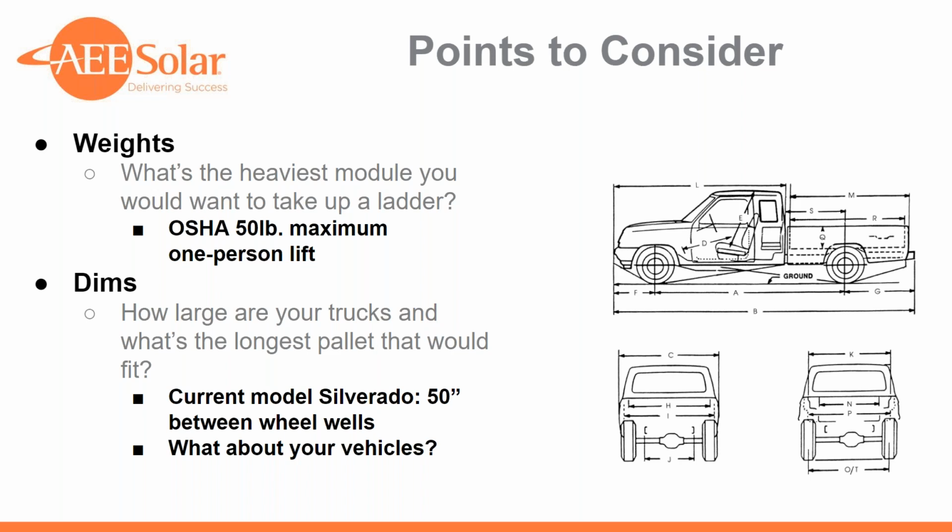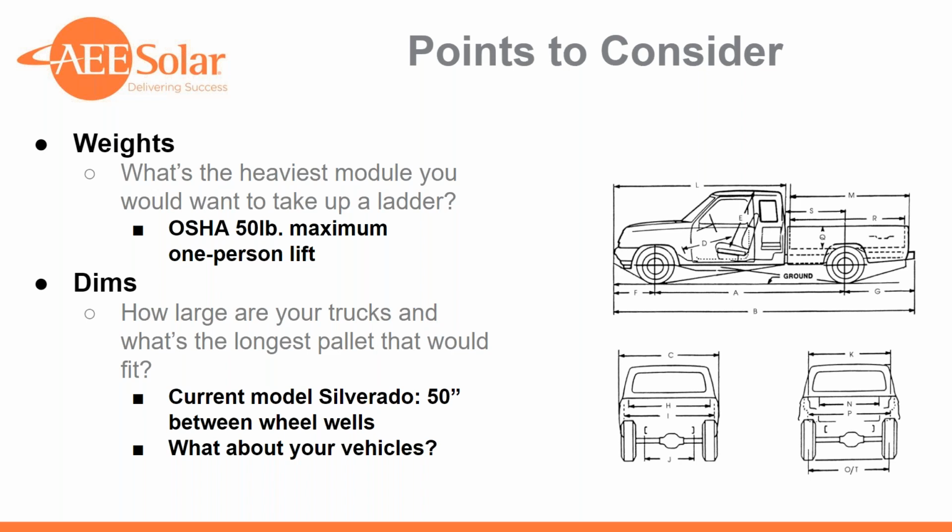I think that will remain a practical consideration for most module manufacturers. I mean, I think that's one of the biggest reasons we don't see 66 or 72 cell modules in the residential space, and that's just that they become too heavy and too impractical to get up onto a roof in a regular fashion. So think about what's the heaviest module you would want to take up a ladder?